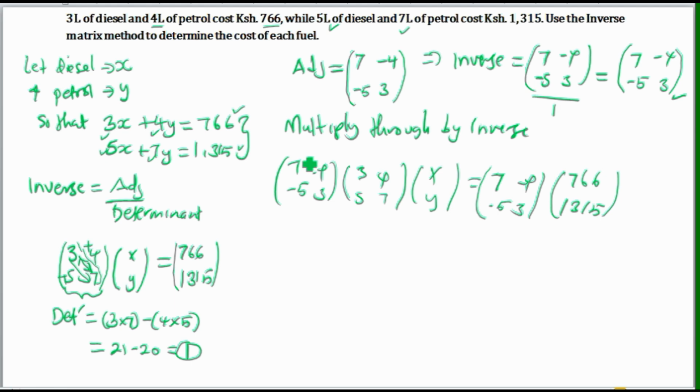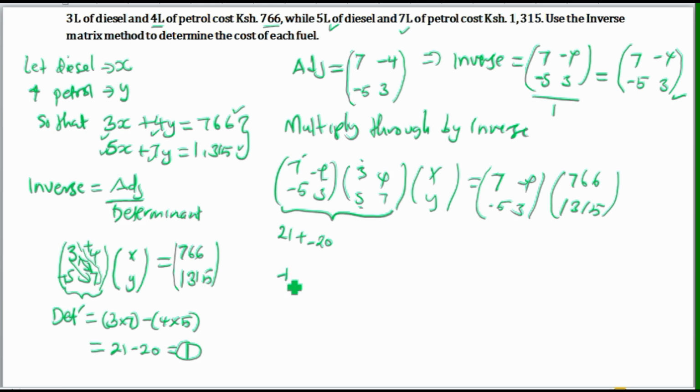Now let's simplify. On our left hand side, you multiply this matrix by that. So you take 7 by 3, that is 21, plus negative 4 by 5, that is negative 20.